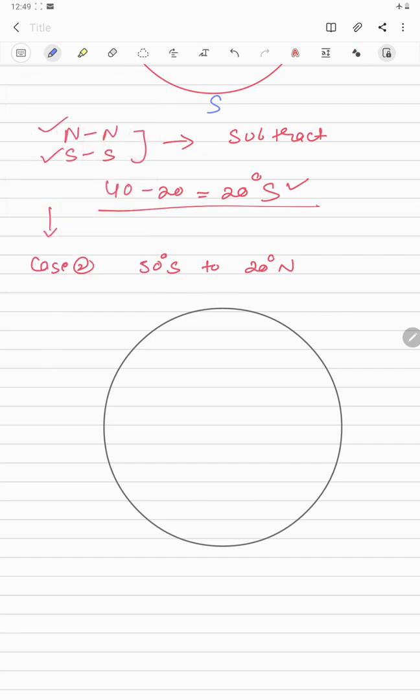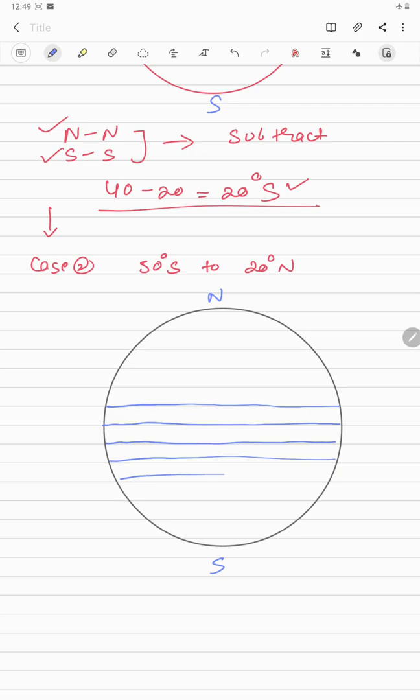This one is my north, this one is my south, this one I'm taking as my equator. This is my 10 degree, this is my 20 degree, this is my 10 degree, this is my 20 degree, this is my 30 degree, 40 degree, and 50 degree.